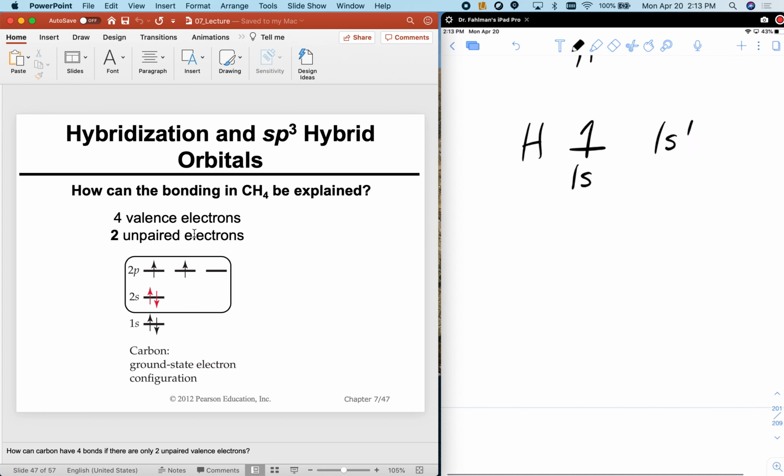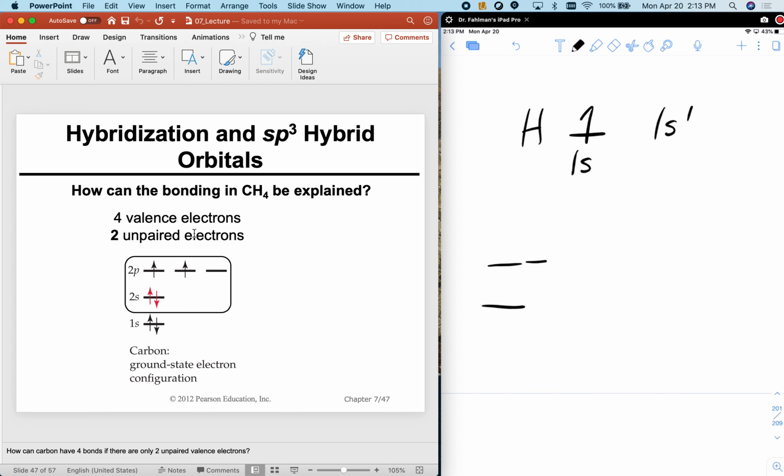So maybe if I do it this way, where that's our 2s and then 2p, and that's carbon, and then let's do hydrogen here. If I change the color, let's do red. This implies that I should really only be able to form two bonds, right?